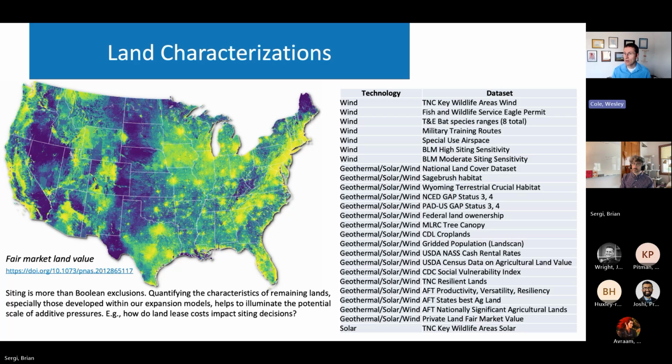Or a county planner might care about, okay, we know we have a lot of federal land in our county, how much of it is available on private land? Those kinds of things could be really valuable. Another thing we've looked at is the national land cover data set to say how much of this land is forested land versus shrubland versus farmland, just to get a sense of what types of land the resource is occupying.